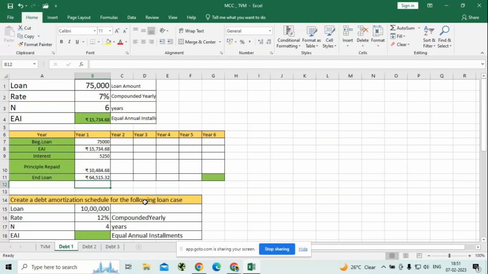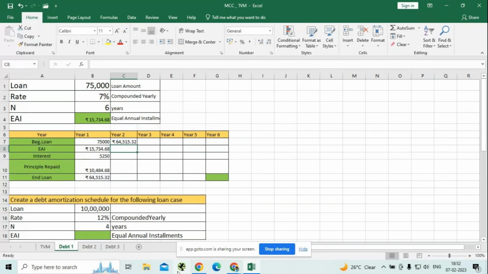So the remaining amount is 64,515. So on this we are supposed to calculate. The beginning loan amount will always be the last year's closing balance. So like this you have to link it from previous year to the next year.